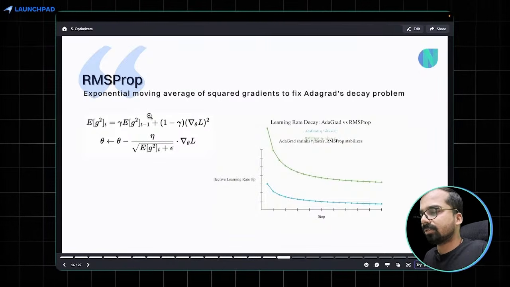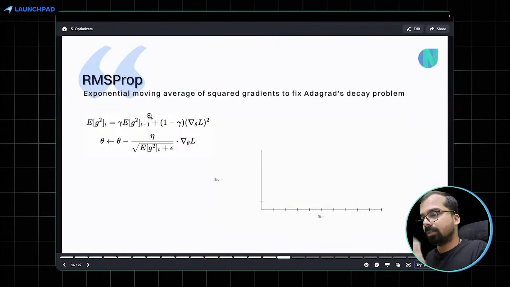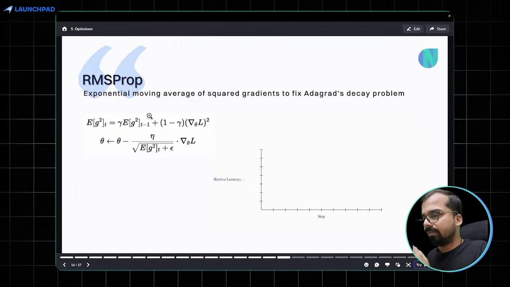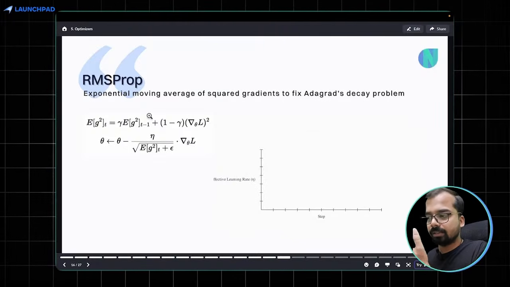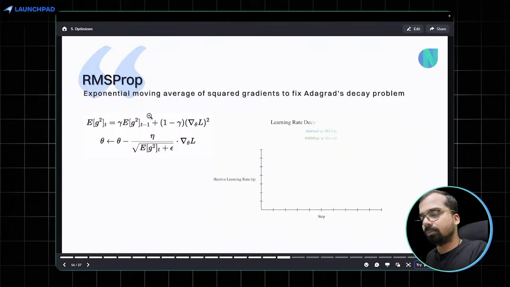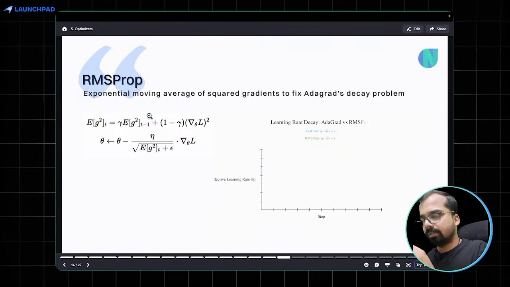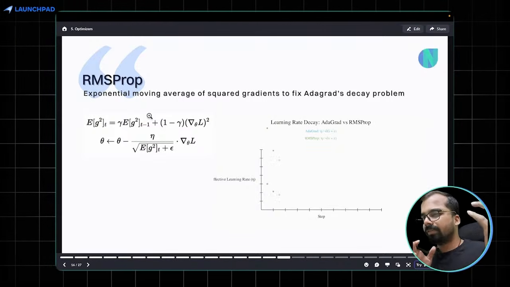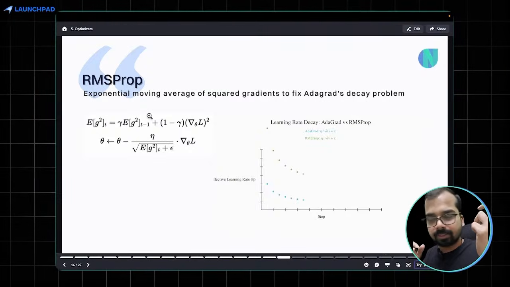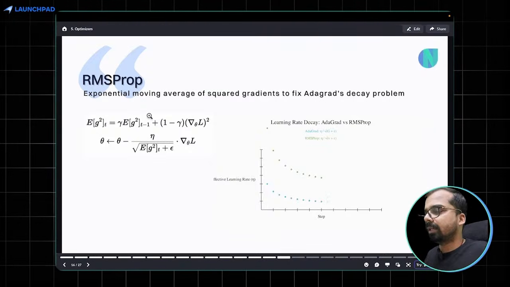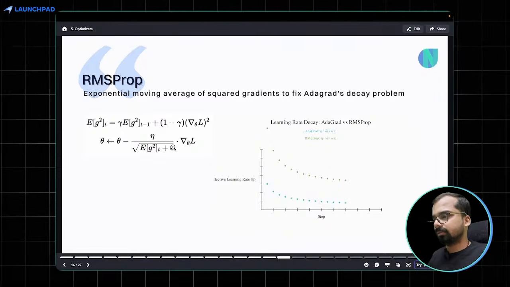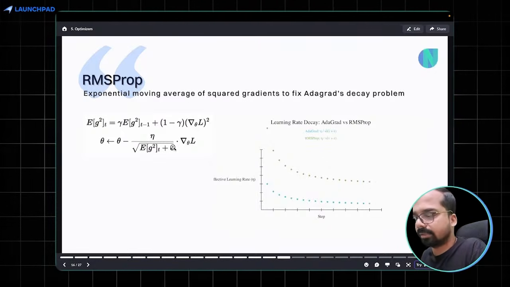This is similar to what we had in momentum, where the most recent slopes are given more importance, and we tend to forget slopes very far back in time. So this actually helps in fixing Adagrad's decay problem.